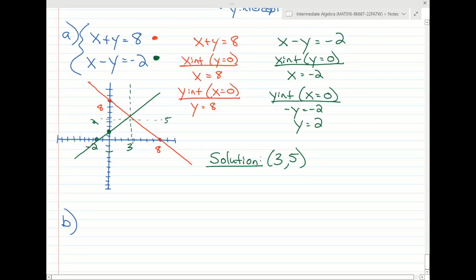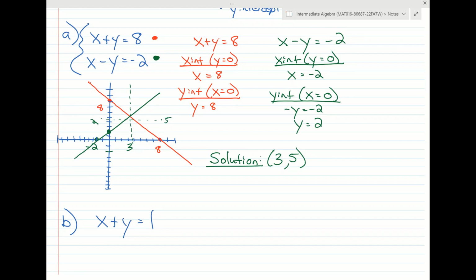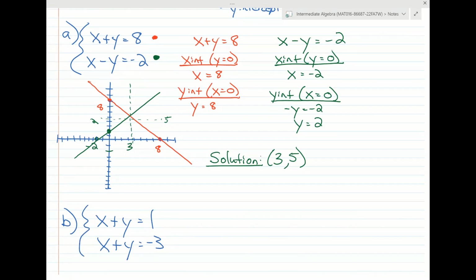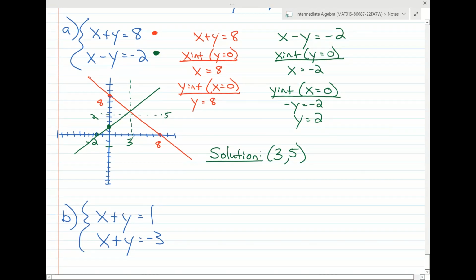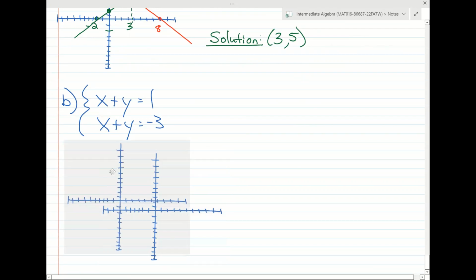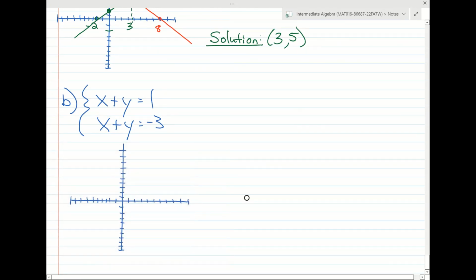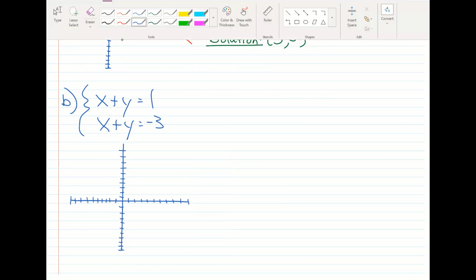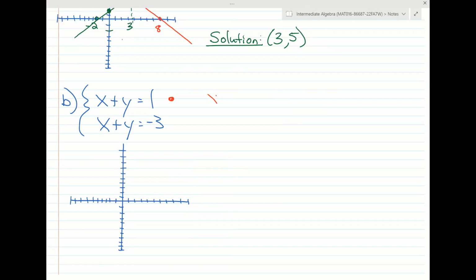What if we had x plus y is equal to 1 and x plus y is equal to -3? Do the same thing we did before, graph them by finding the intercepts. Graph this first one in red, so x plus y is 1.